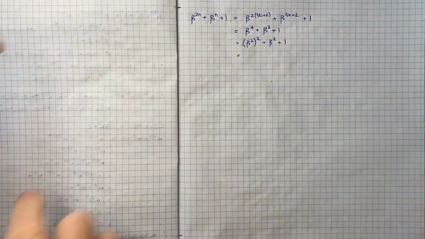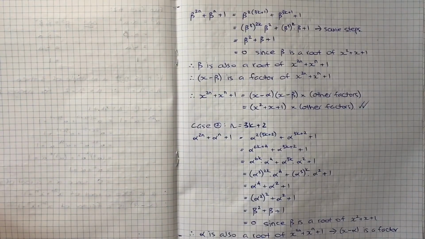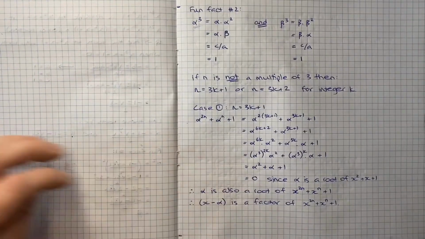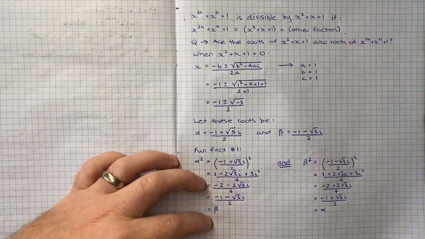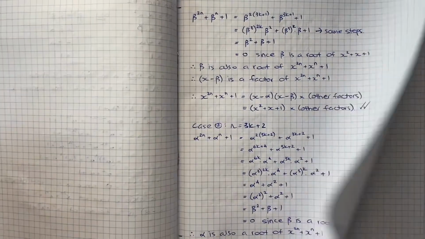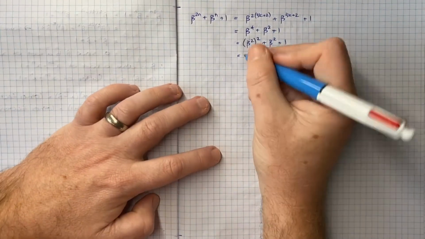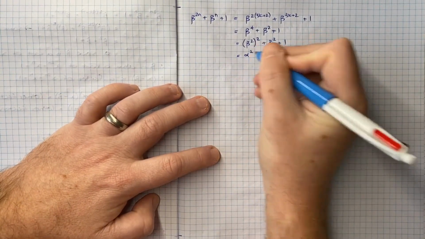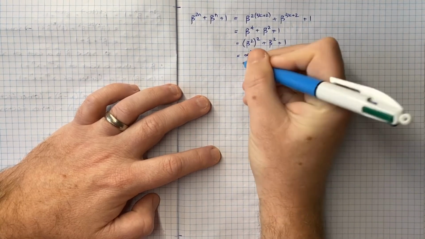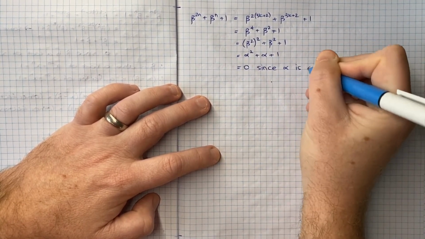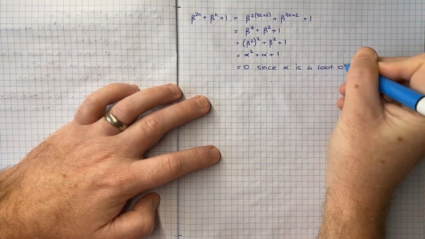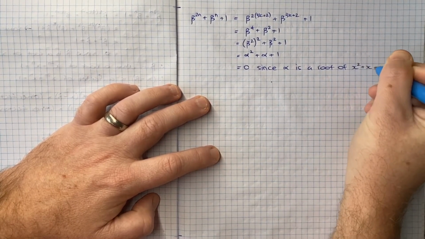And again, because we showed in our fun facts that beta squared equals alpha, we can then replace beta squared with alpha. So we get alpha squared plus alpha plus 1, and that is 0 since alpha is a root of x squared plus x plus 1.